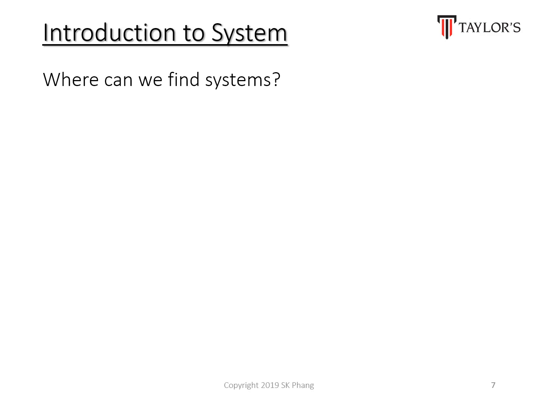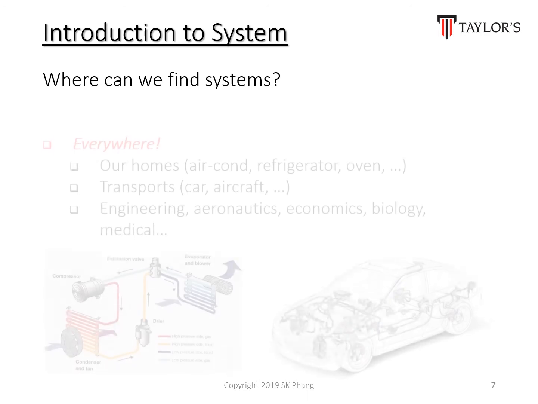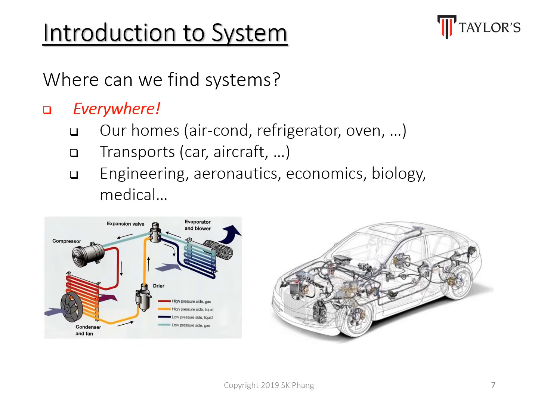The next question is, where can we find systems in real life? The answer is everywhere. From the previous definition, a system must have an input and then it will produce a different output according to the input. In our homes, an aircon is a system, a refrigerator is a system, an oven is a system.